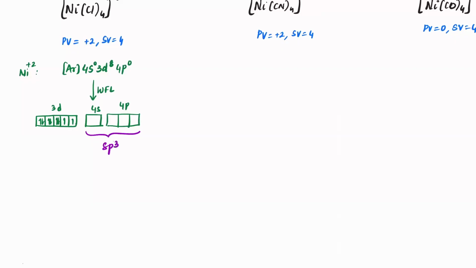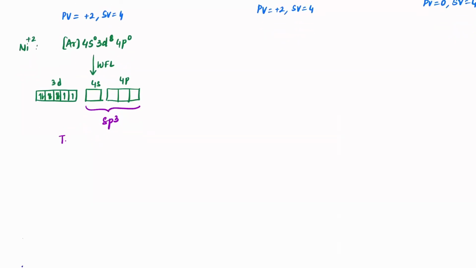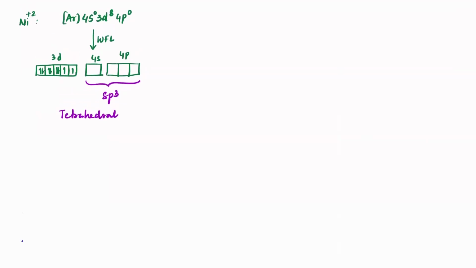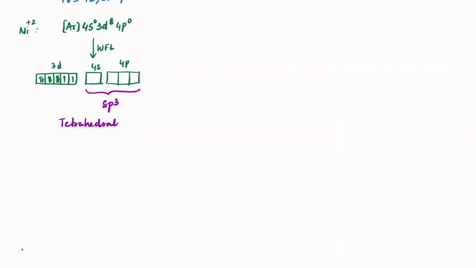So we have no other option but to go for 4s and 4p only. That makes it sp3 hybridization, and it is tetrahedral. We are using outer orbitals, and there is no change in the number of unpaired electrons, so this is a high spin complex.